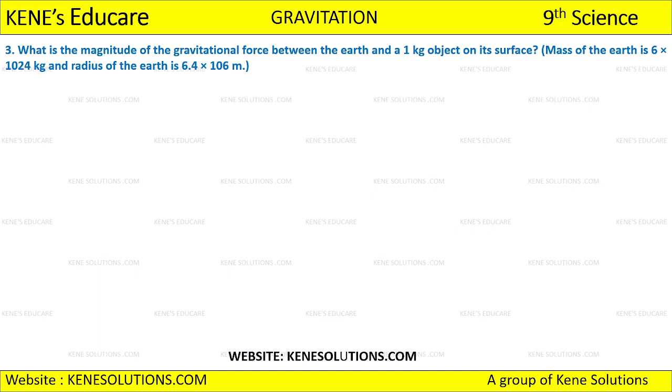Divided by the distance, that is the radius, which has also been given. So it's very easy, and when you calculate, we know that capital G is the gravitational constant whose value is 6.67 into 10 raised to minus 11, right? So once you apply the formula, you will get the answer as 9.8 Newton approximately.